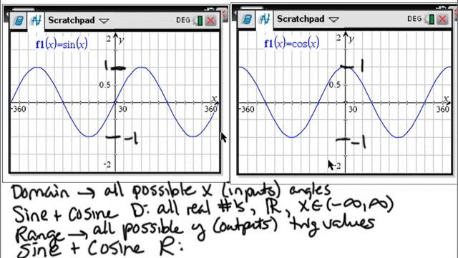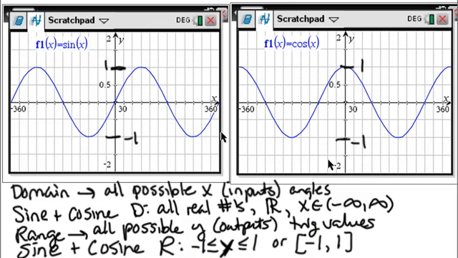So we say the range is that -1 is less than or equal to y, is less than or equal to 1, or in interval notation we use a closed bracket, -1, comma 1. The square bracket indicates that -1 and 1 are included in the interval because they are the endpoints.